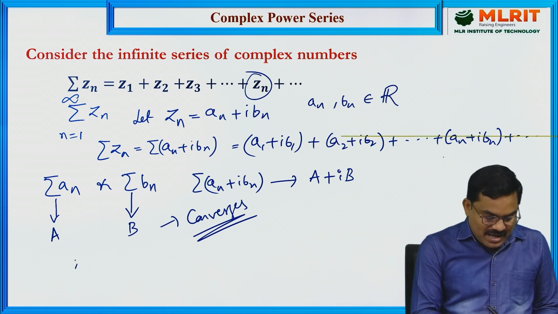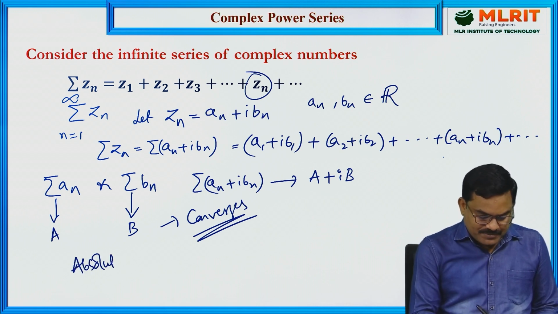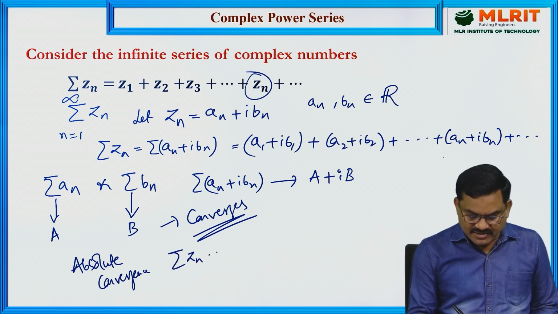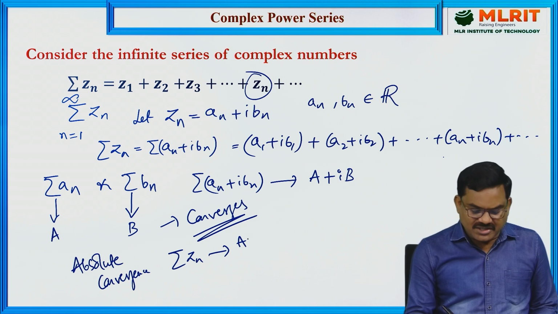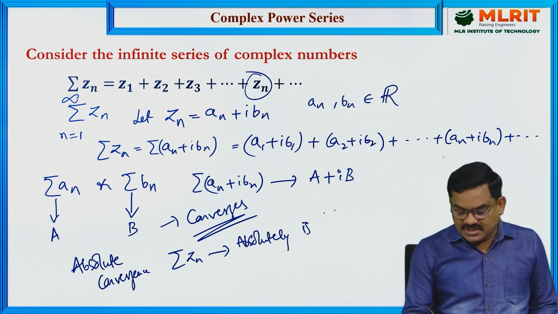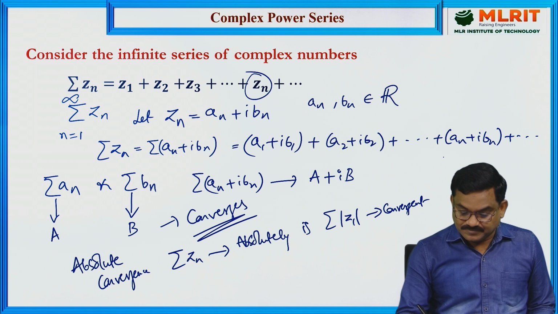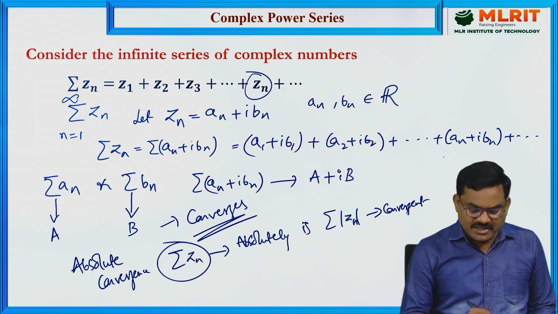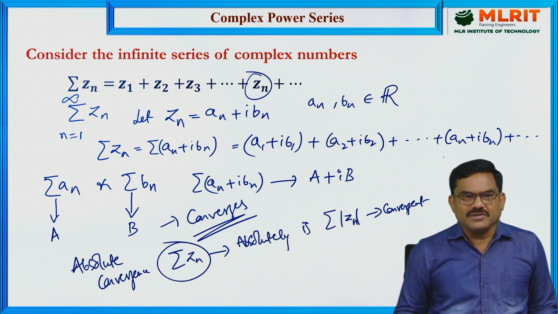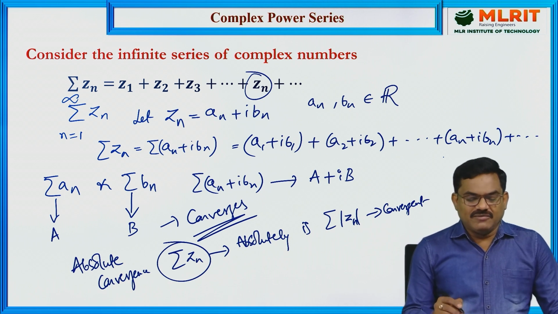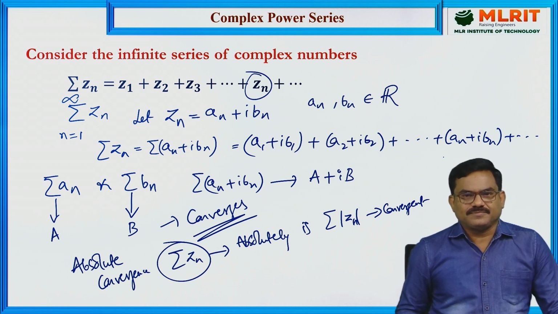And absolute convergence: a series sigma Zn is said to be convergent absolutely if sigma mod Zn is convergent. If sigma mod Zn is convergent, then sigma Zn is said to be absolutely convergent. So these are the basic definitions that we need to know to deal with complex power series.